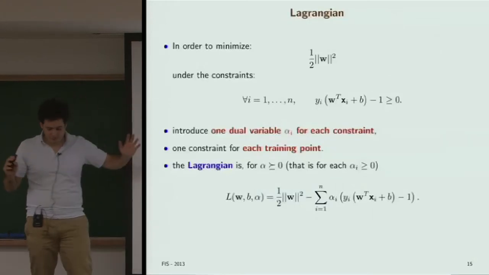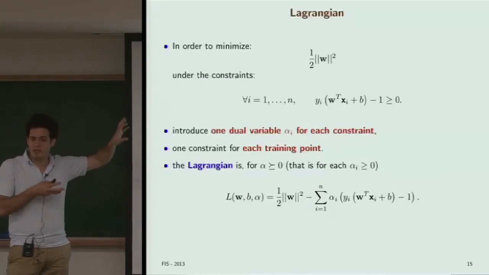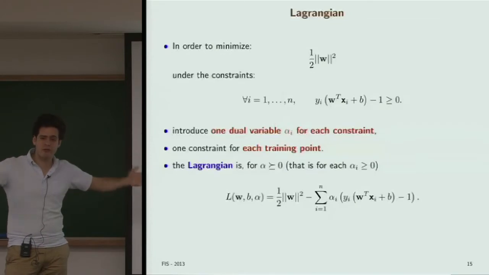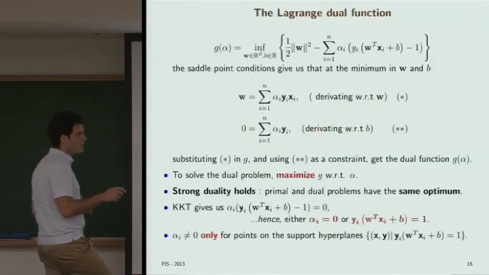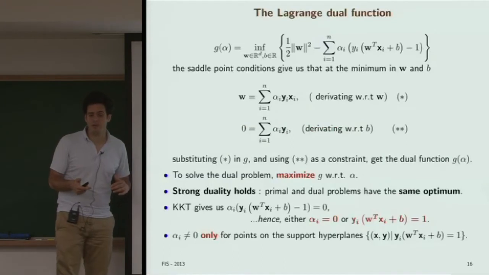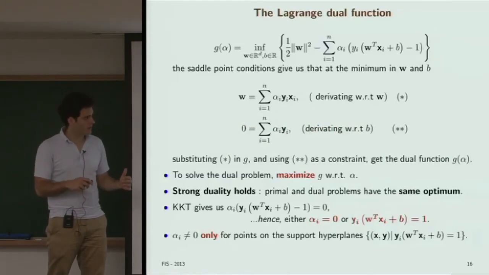Again, I will recapitulate once more. We have a primal problem which is split between objective and constraints. We form the Lagrangian, which puts everything together by giving a price to each constraint. We call the Lagrange dual function the problem of minimizing this pooled objective with respect to the initial variables. This is much easier to optimize because there is no constraint here.